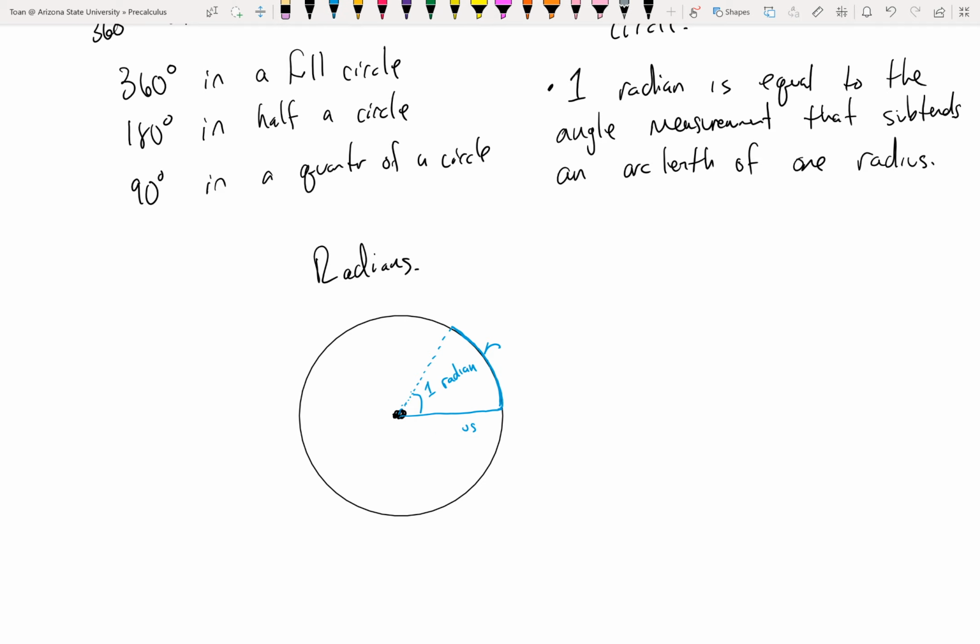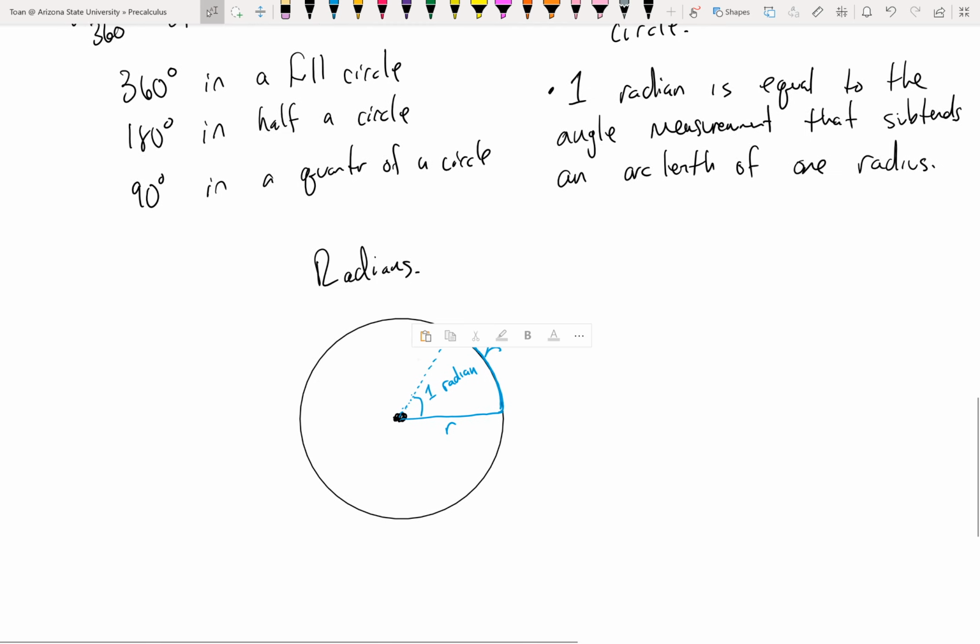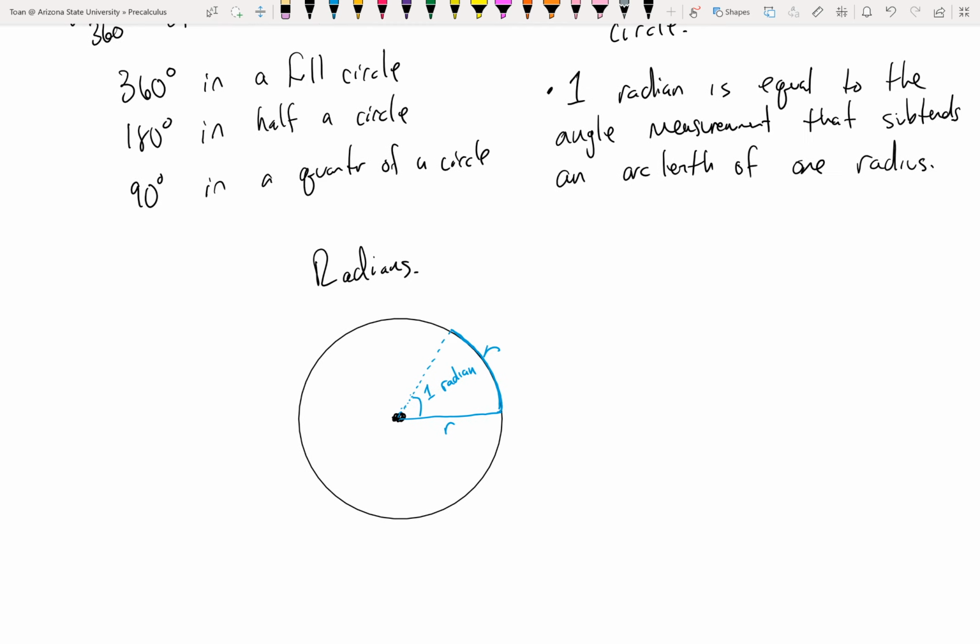So if you take a radius and wrap it around the circumference, the amount of angle that that radius covers is what we call a radian. So that's how we get multiple radians. Well, what does 2 radians look like? It's as if you were to take 2 radii and put them along the outer edge of a circle.